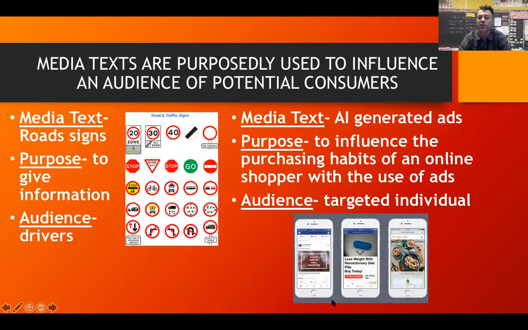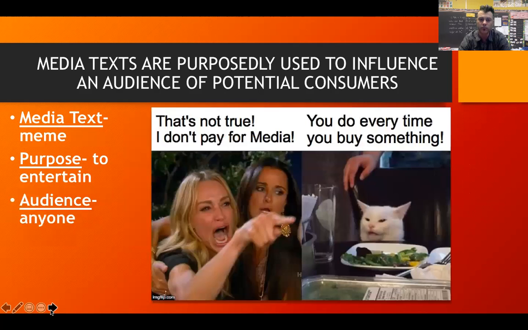For example, if you're on eBay looking for a video game or a toy or something, when you start to go in the search engine, the artificial intelligence on eBay or any other site, maybe even Amazon, will then suggest certain other goods and services based around your searches. That's artificial intelligence working to influence you by targeted ads.